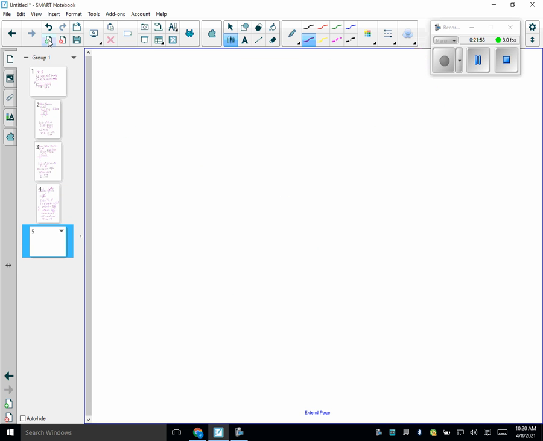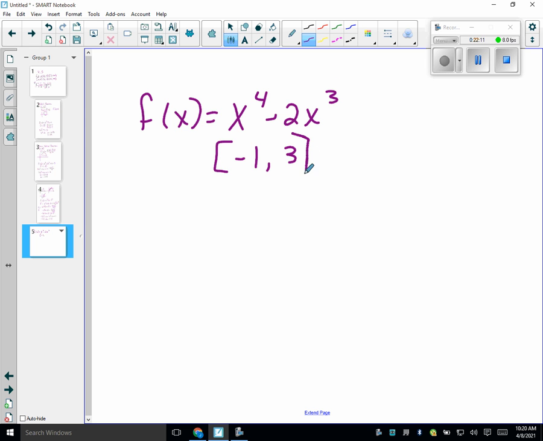So, if I have f of x equal to x to the fourth minus 2x cubed, my interval is negative 1 to 3. I want to find the absolute minimum and the absolute maximum.